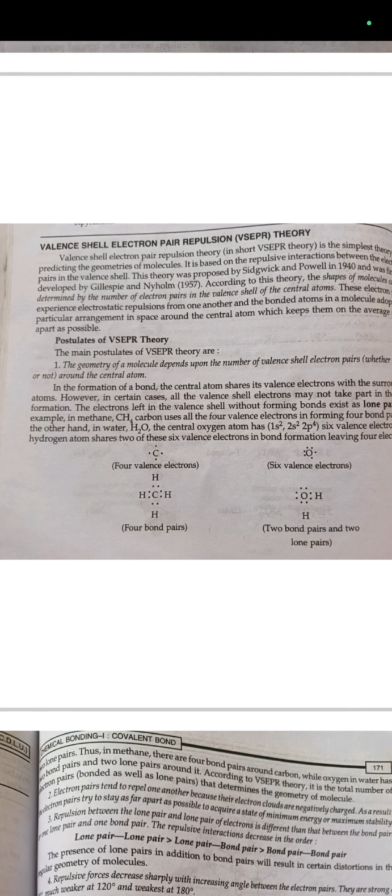Thus, there are 4 bond pairs around the carbon, while oxygen in water has 2 bond pairs and 2 lone pairs around it. Second, electron pairs tend to repel one another because their electron clouds are negatively charged. As a result, the electron pairs try to stay as far apart as possible to acquire a state of minimum energy or maximum stability.